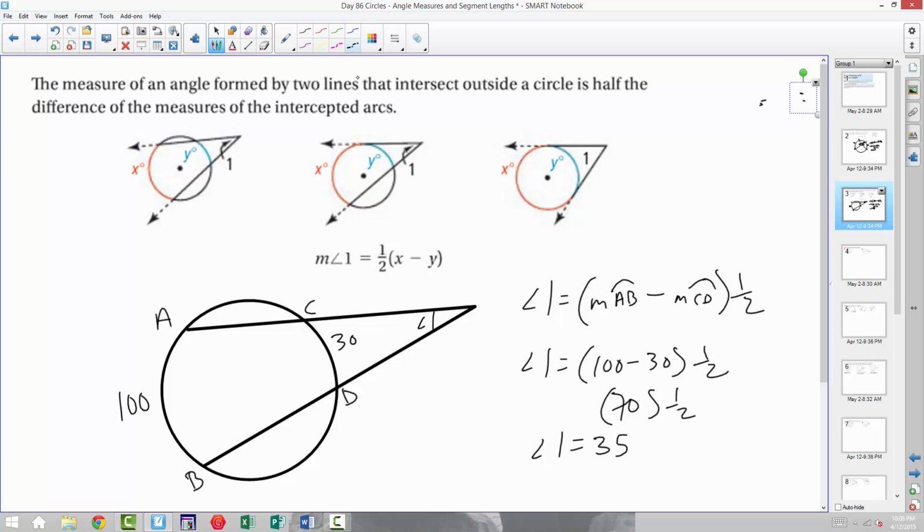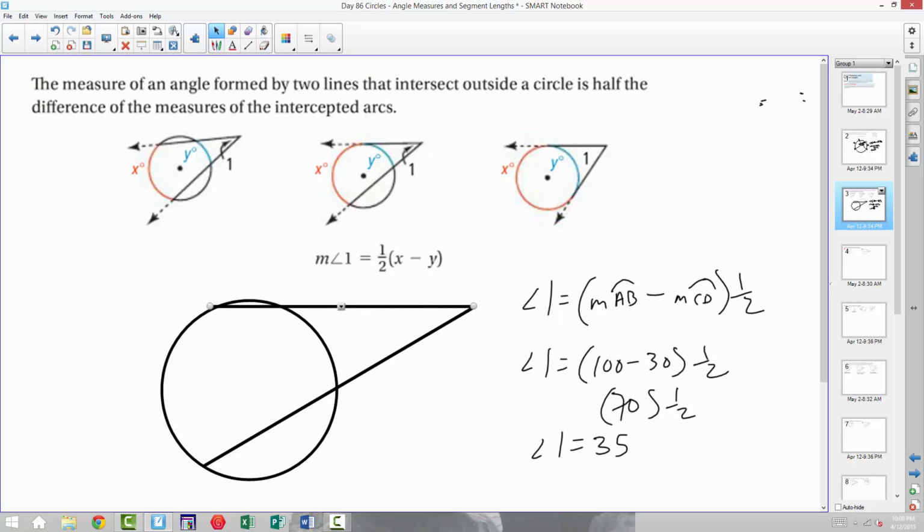I'll do a diagram where you have a tangent. So let's adjust my diagram. Here we go.